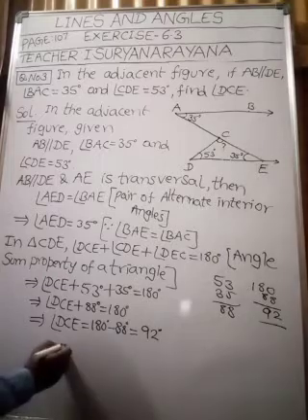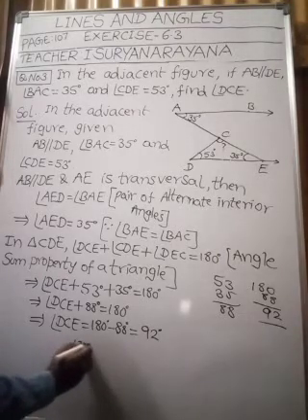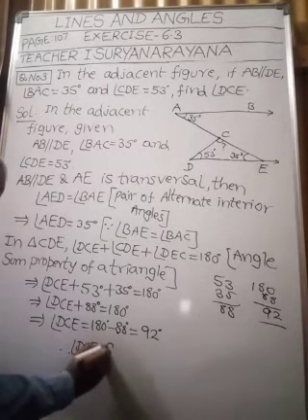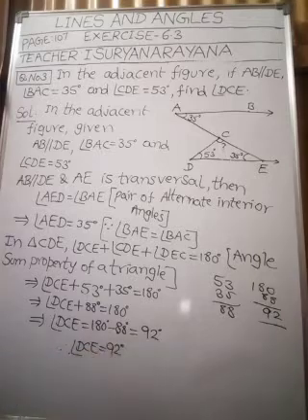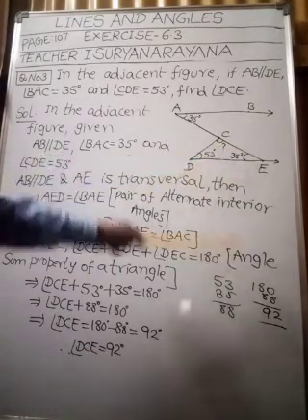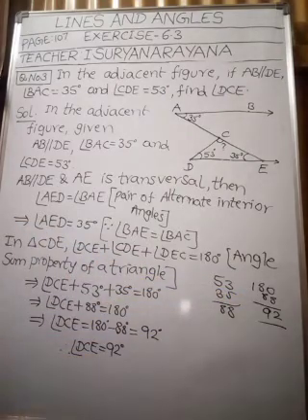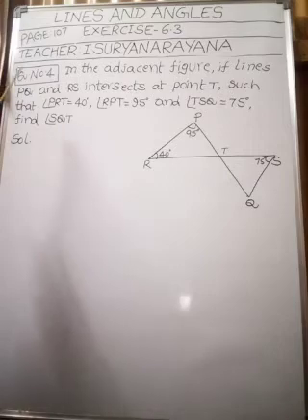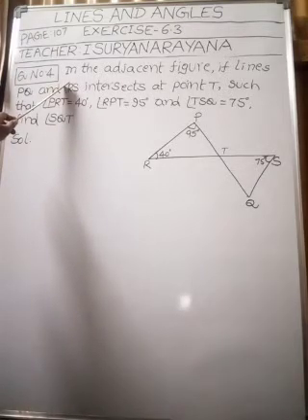So angle DCE, the measurement of this angle is equal to 92 degrees. Understood, my dear children? Right. Now come to the next question. That is question number 4. Fourth question in the exercise.